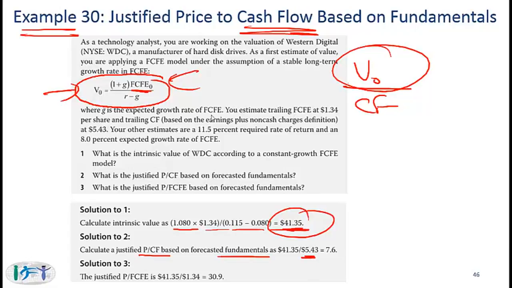So the measure of cash flow here is earnings plus non-cash charges, 5.43. So you simply do that. What is the justified price to FCFE based on forecasted fundamentals? That's shown over here. So all this example is doing is also illustrating that you can have different definitions of cash flow, and obviously depending on the definition you will get a different ratio.